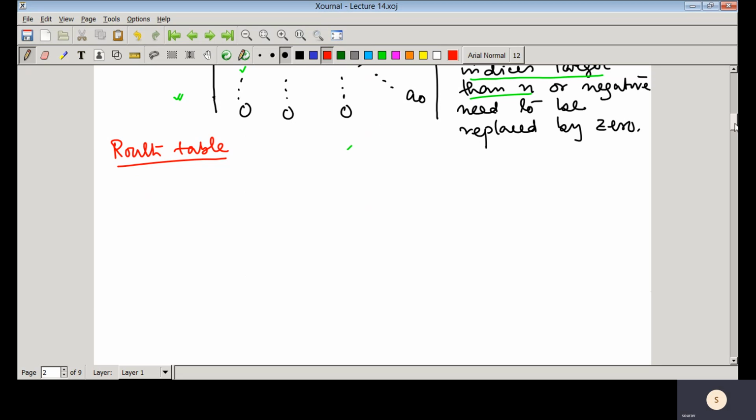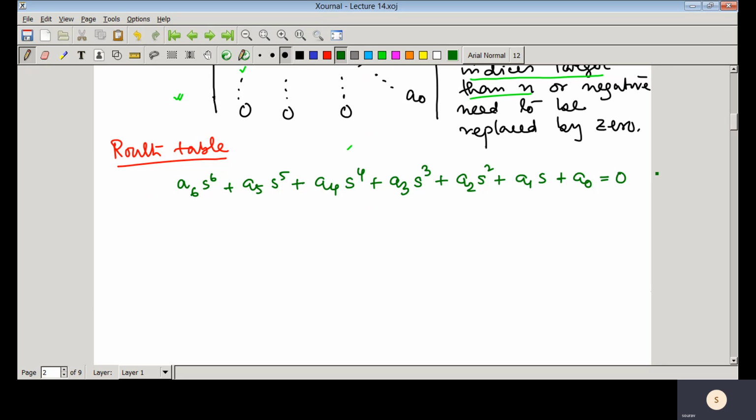So suppose we take one polynomial, like a6 s to the power 6, then a5 s to the power 5, a4 s to the power 4, a3 s to the power 3, a2 s square, a1 s plus a0.